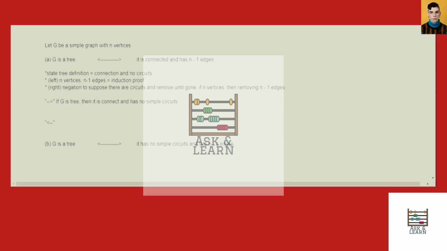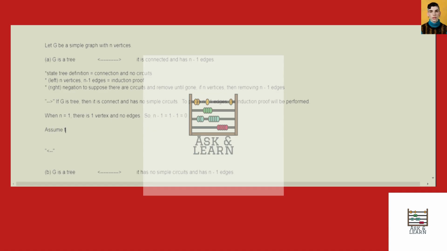Then I want to talk about how it's going to be an induction proof. So when n equals 1, then there is one vertex and no edges. So n minus 1 is going to be 1 minus 1, which is going to be 0.